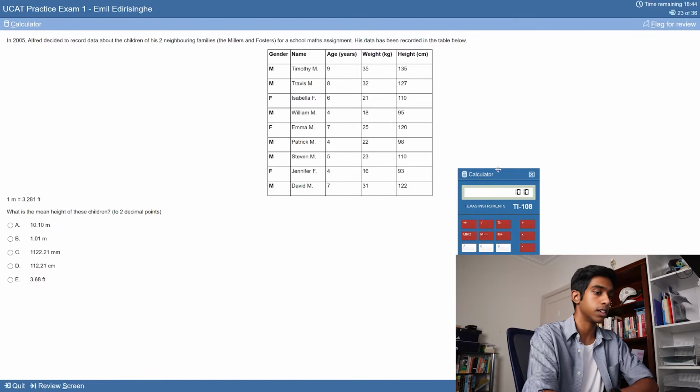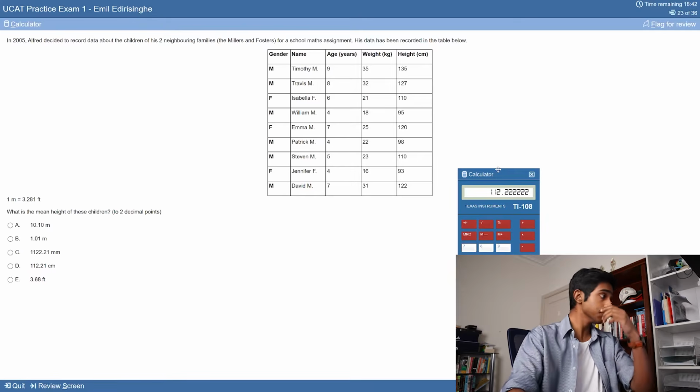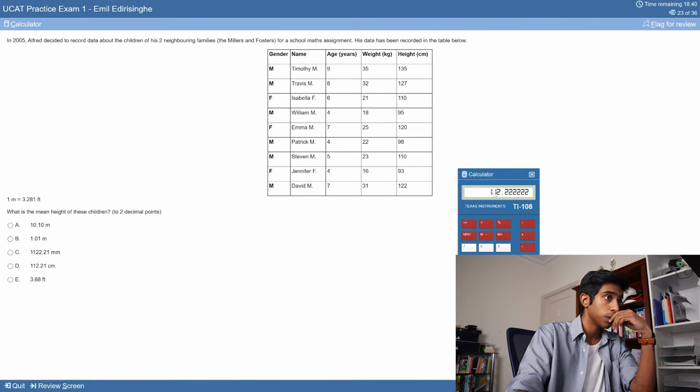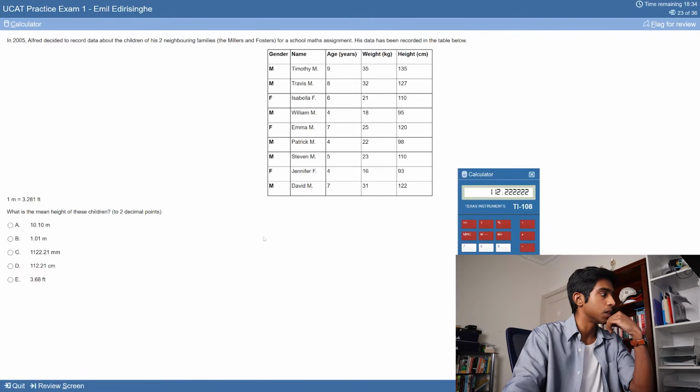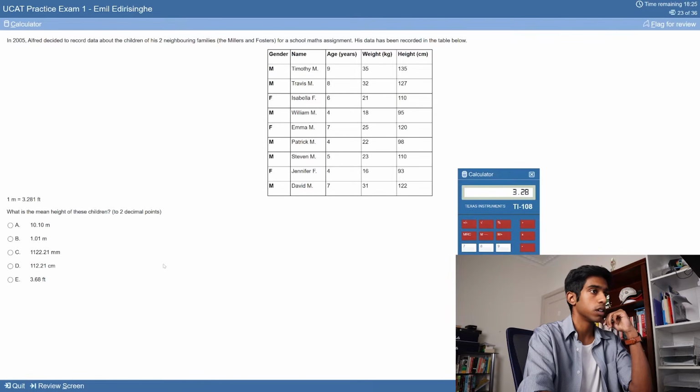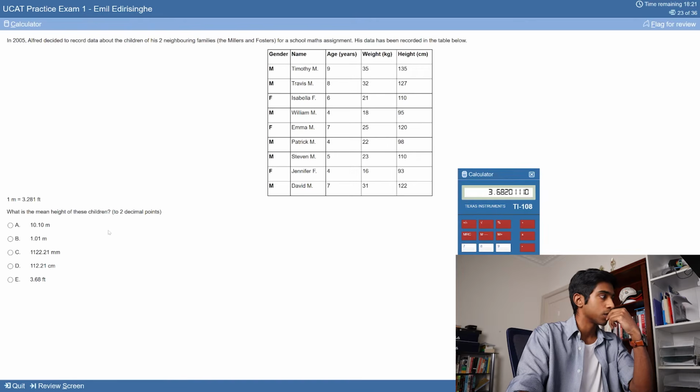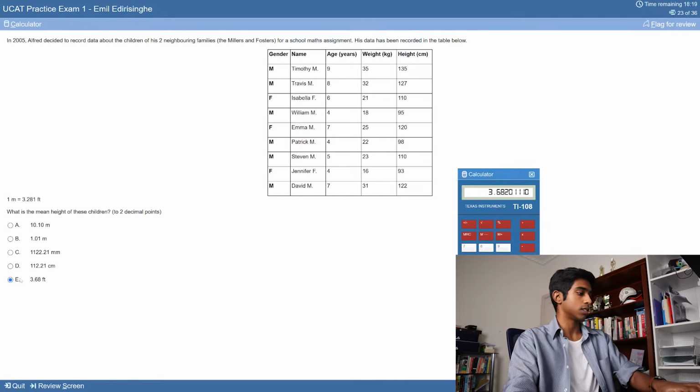Because 10 divided by 9, 112.22 centimeters, but that's not this or this. So I'll do times by 3.281, divided by 100, 3.68. Yeah, so it's actually E.